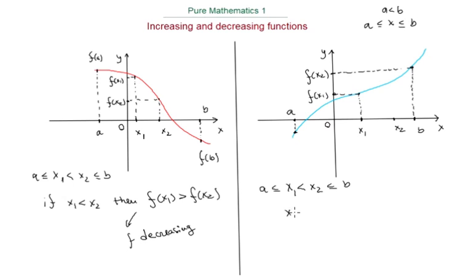So if x1 is less than x2, then f of x1 is less than f of x2. And we will say that these types of functions are increasing.